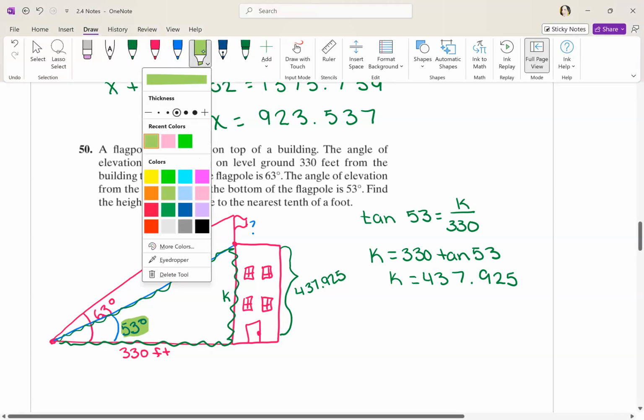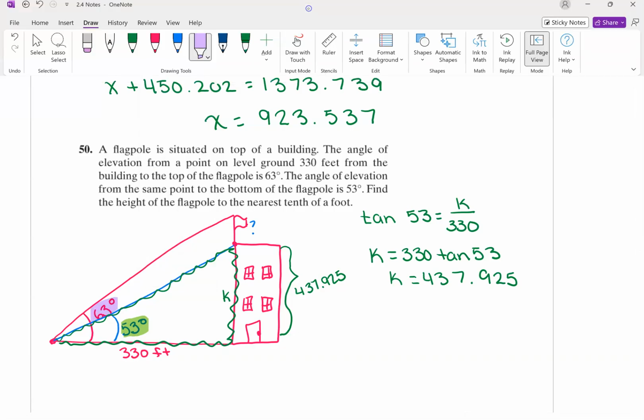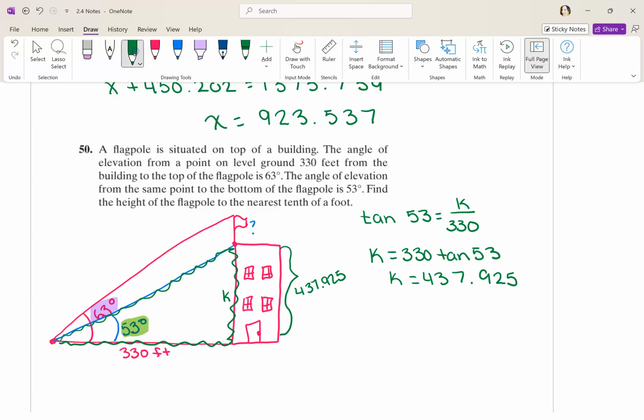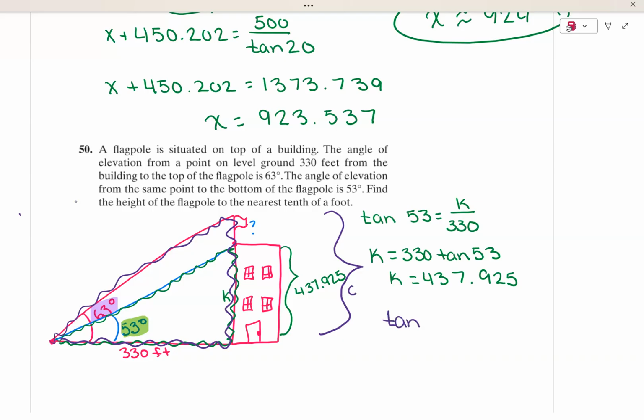we have our other angle of elevation. But this one goes to the big triangle. So all the way up to here, and back over here. So that is allowing us to find the whole entire thing. So we'll call that C. So tangent of 63 equals C over 330.